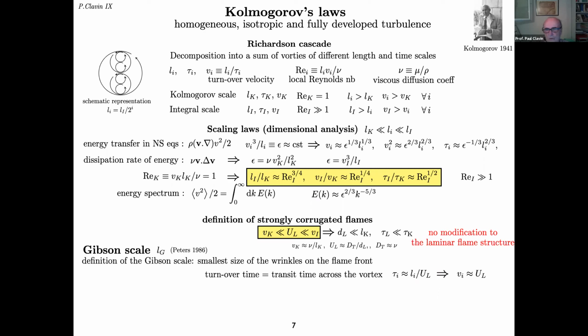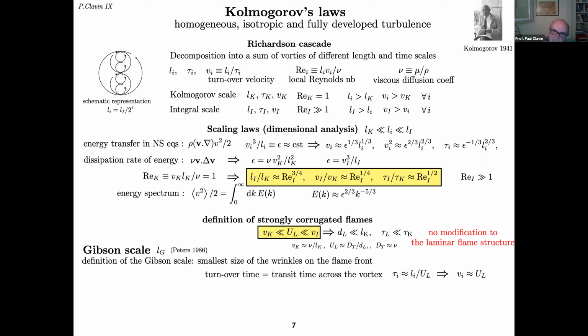In that case, think about a flame propagating in a vortex of length small l, and the time it takes to cross is equal to l, the size of the vortex, divided by the velocity of the flame, UL.